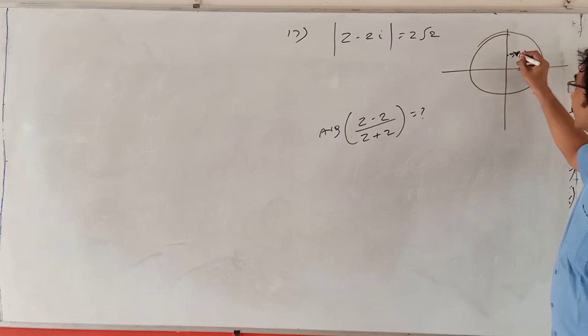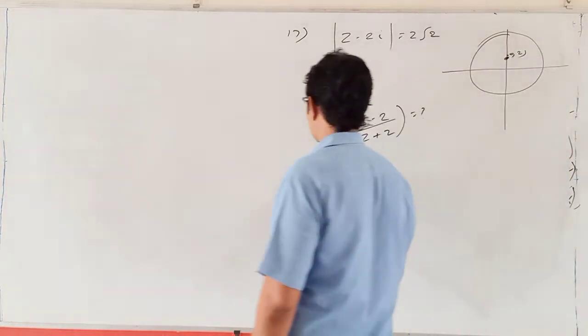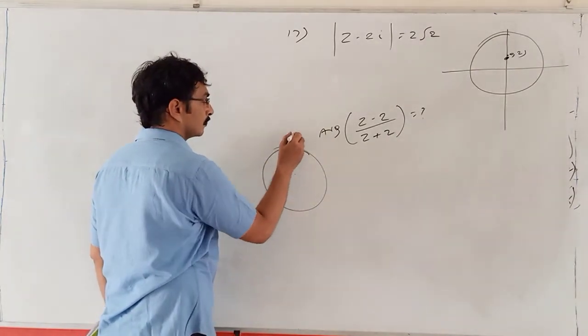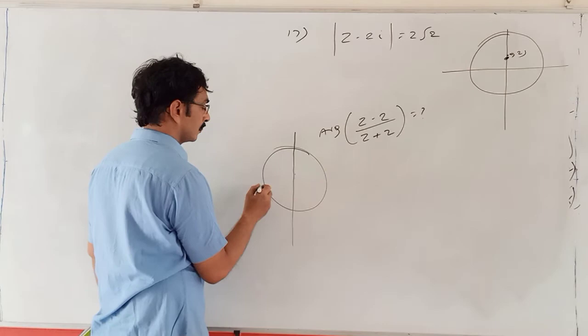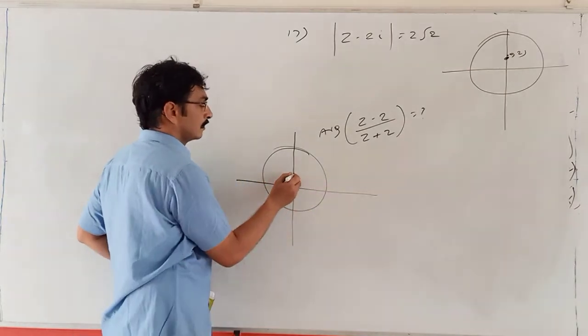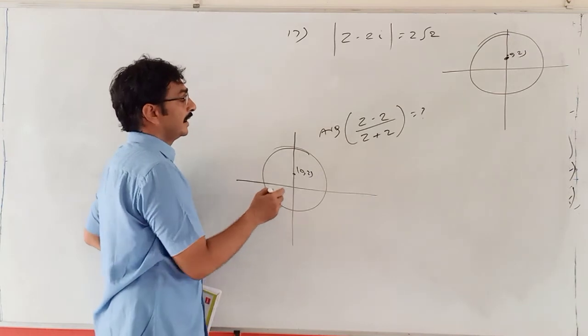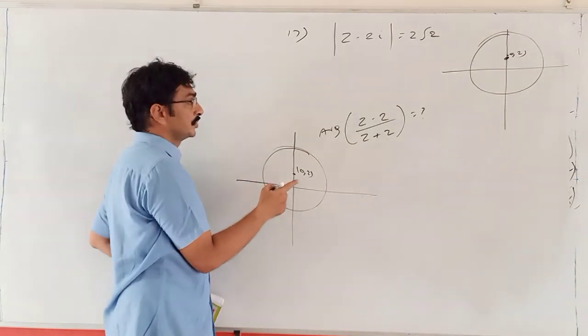This is 0. This is the center of the circle, 0, 2, and the radius of the circle is 2 root 2.